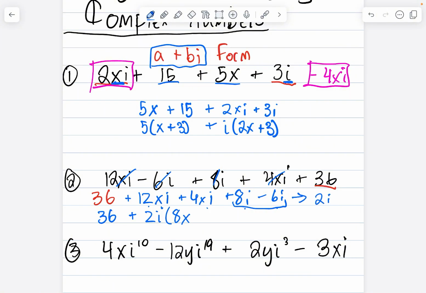So 8 minus 6 is just 2i. And instead of subtracting 2i, I'm just going to subtract 1, because 2i times positive 1 will just give me 2i, which I got here.